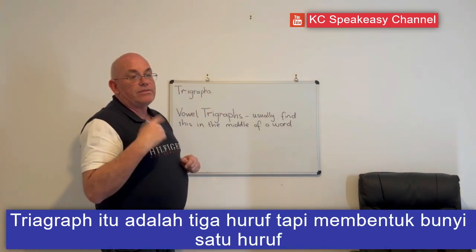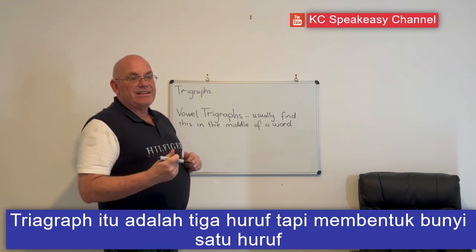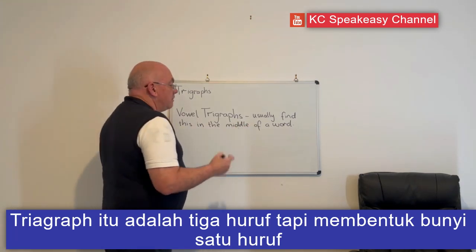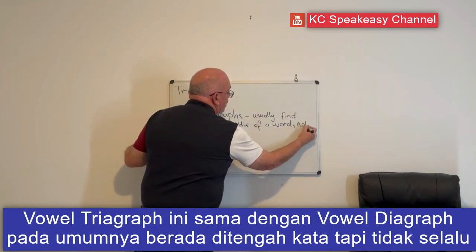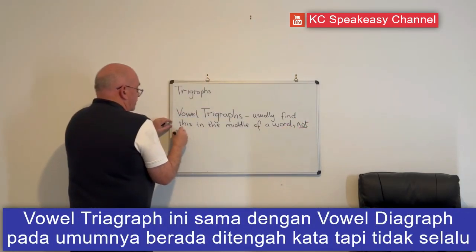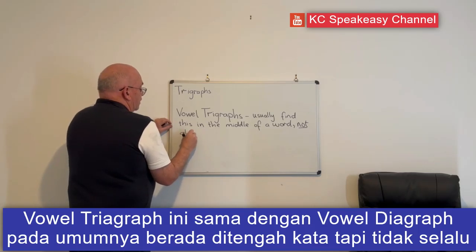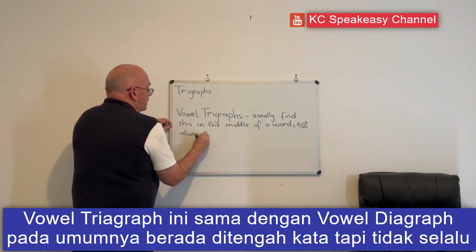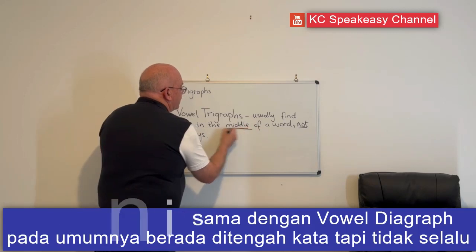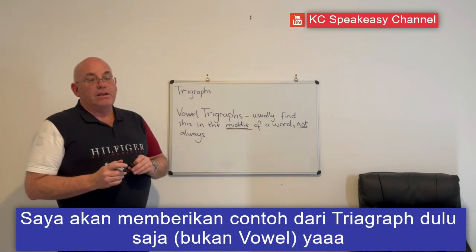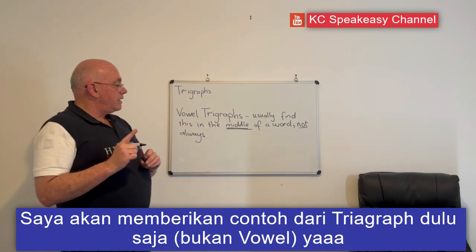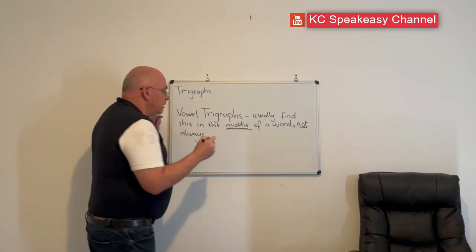So three letters that make one sound, again, usually found in the middle of the word, but not always. Not always, okay? We usually find it in the middle of the word. And I'll give you some examples of that, so you can see it in action, all right?